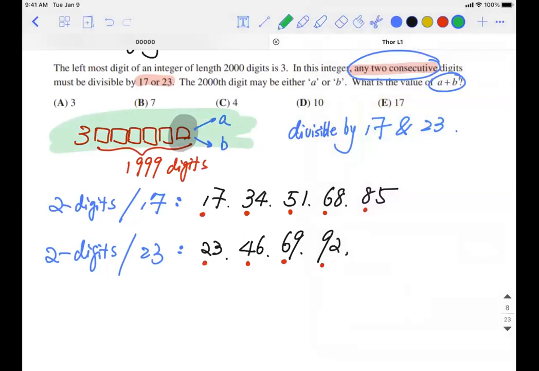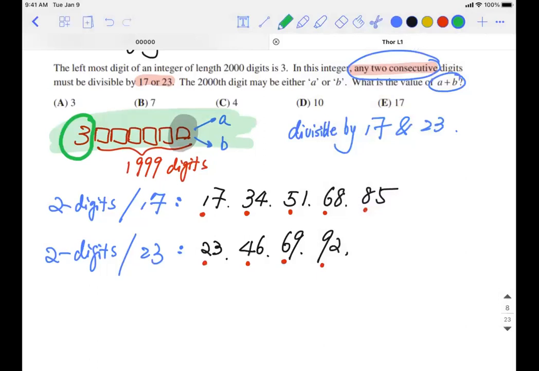And the question already gave you the first digit. So what should you do? Who can tell me? This is very conspicuous. You have already listed out all the possible candidates for 17, 23, whatever, and I have to make sure every two consecutive digits of this number respect the rule.